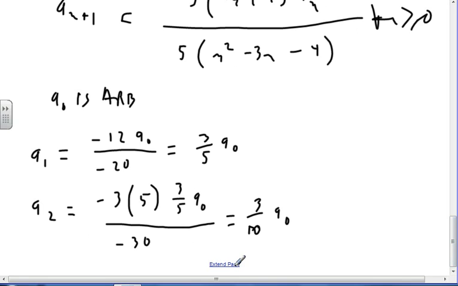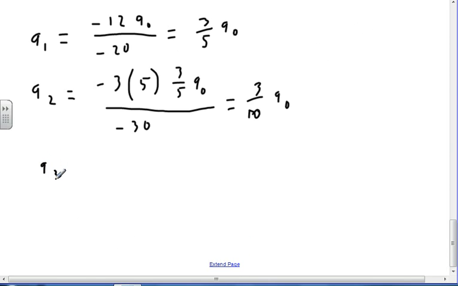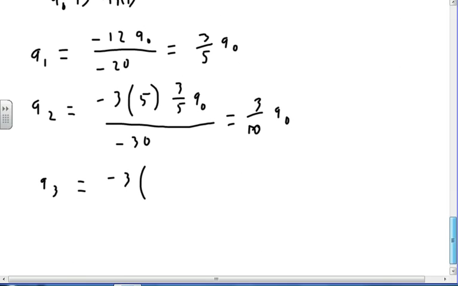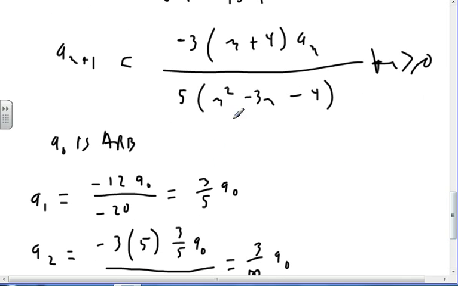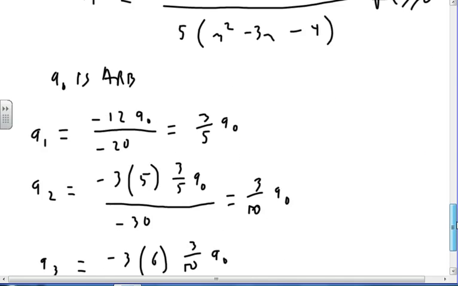Okay. A3 is minus 3. N is now a 2, so that's a 6. 3/10 A0 divided by, n is a 2, that's a 4. Minus 4 is 0, that's a 2 times 3, that's a 6. So I have a minus 30 on the bottom.